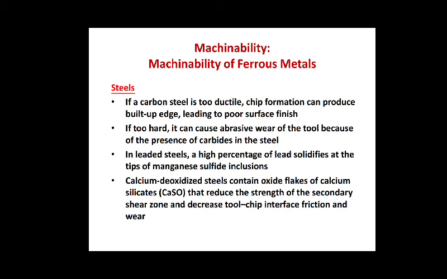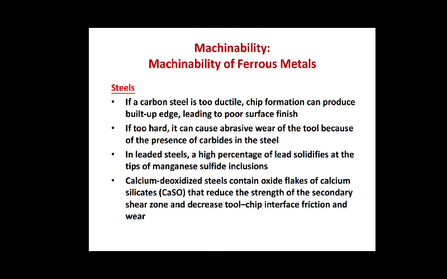Steels: if a carbon steel is too ductile, chip formation can produce built up edge leading to poor surface finish. If too hard, it can cause abrasive wear of the tool because of the presence of carbides in the steel.